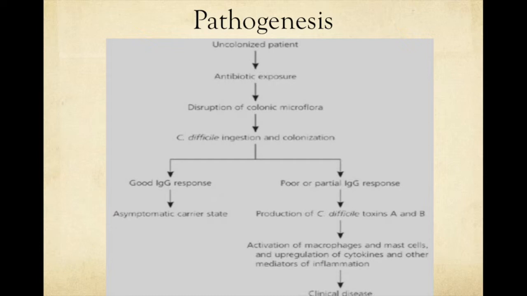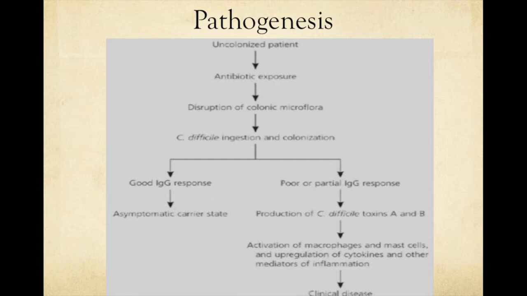As far as pathogenesis, as you can see with the picture, when an uncolonized patient is exposed to antibiotics, this normally causes a disruption of the microflora, so then C. difficile spores are ingested, and then you also have colonization.